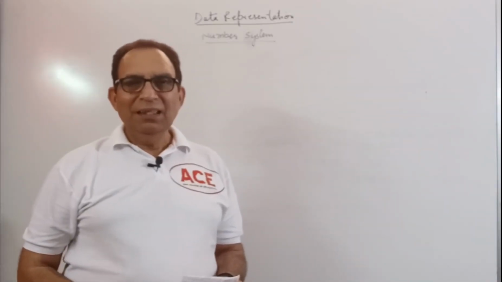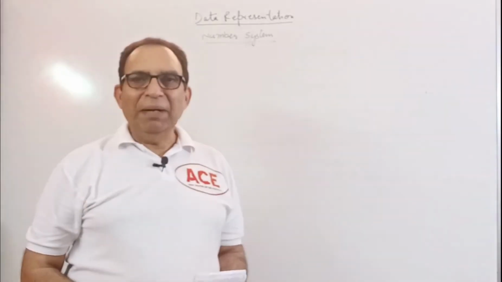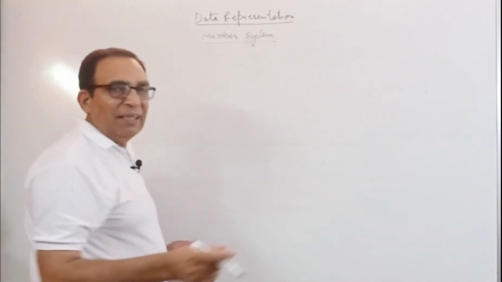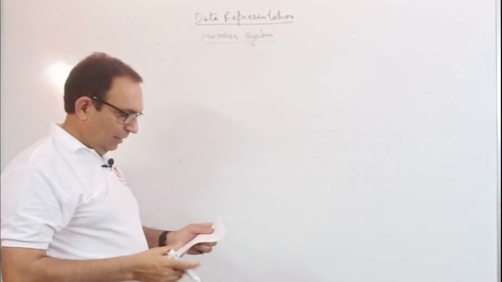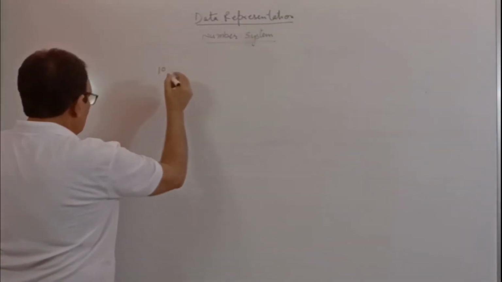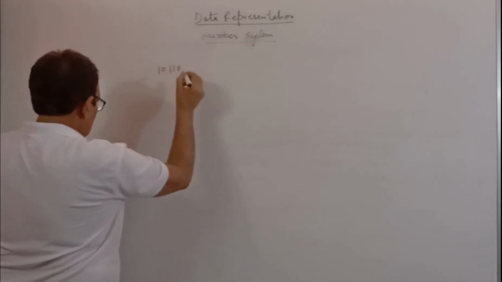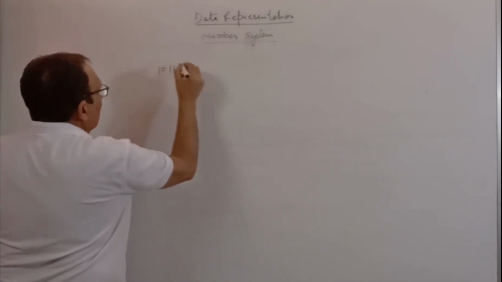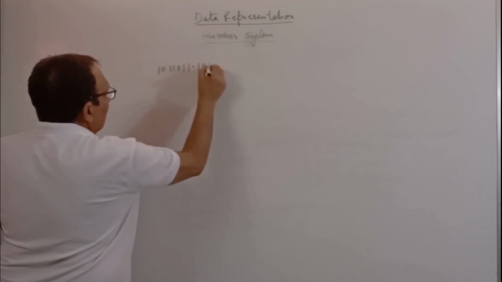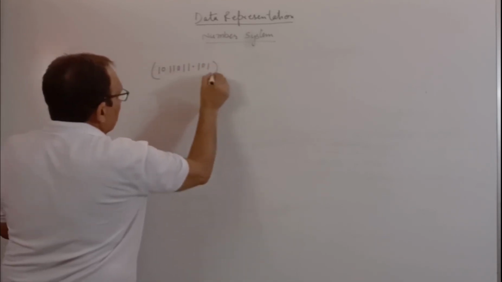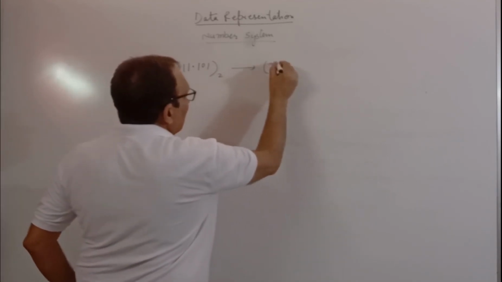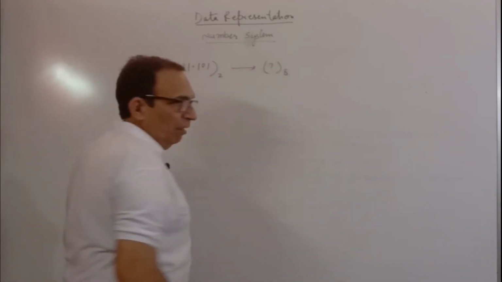Now we learn how we can convert a binary number to an octal number. Let us take the example which we took last time, that is 1011011.101 base 2, to be converted into the equivalent octal number.